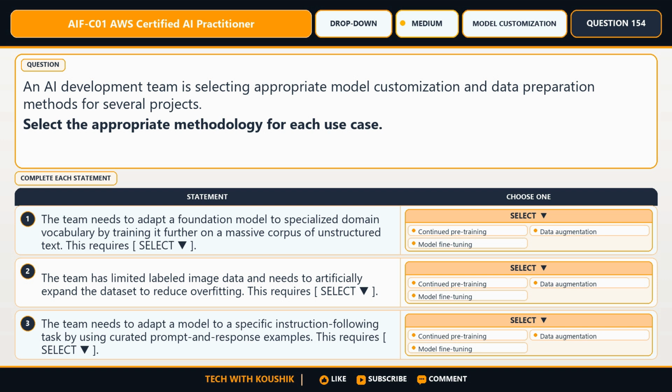Continued pre-training, data augmentation, or model fine-tuning. The third blank appears in: the team needs to adapt a model to a specific instruction following task by using curated prompt and response examples. This requires the blank. The candidates are 3. Continued pre-training, data augmentation, or model fine-tuning.